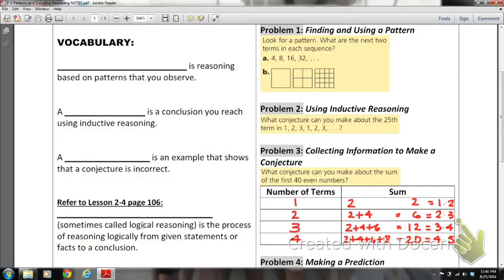So let's see the pattern. The pattern is that if I wanted to know the sum of the first 40 even numbers, then it would be 40 times 41, according to the pattern that we've observed, which is going to be equal to 1640.